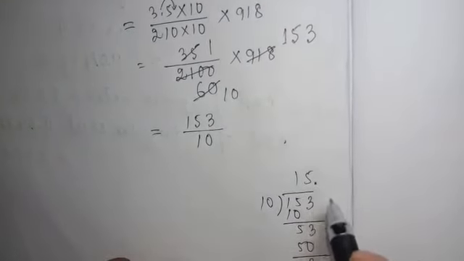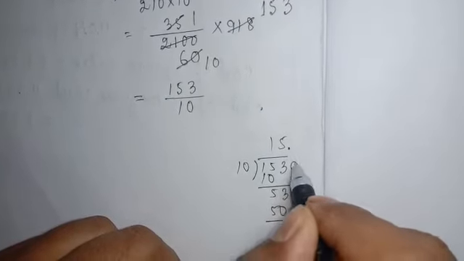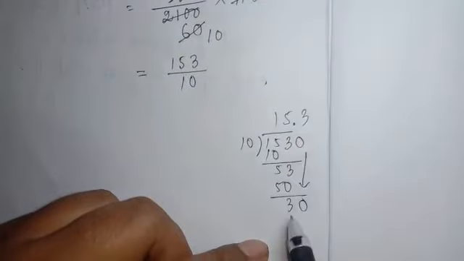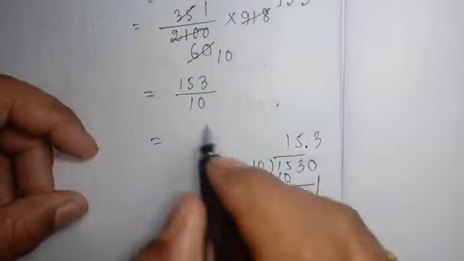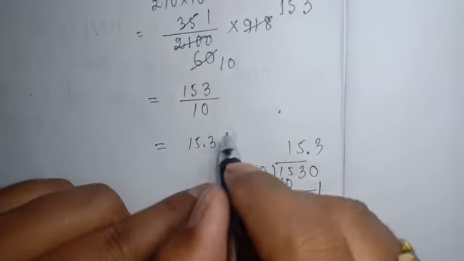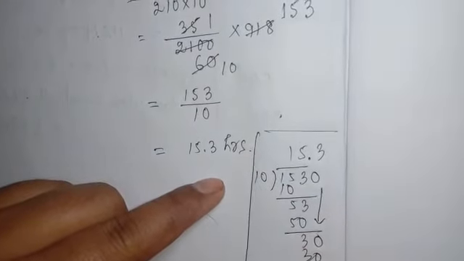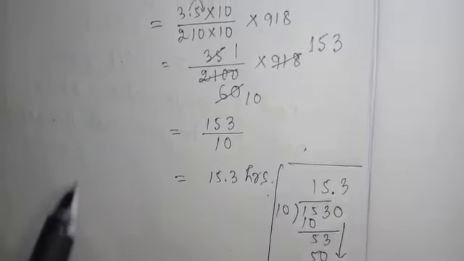Put one decimal point. When we put that one decimal point, at the same time we have to put 0 here. Bring it down to 0. 10 3 are 30. Your answer will be 15.3 hours. 15.3 hours. This will be the answer.